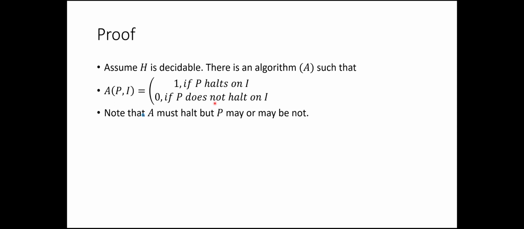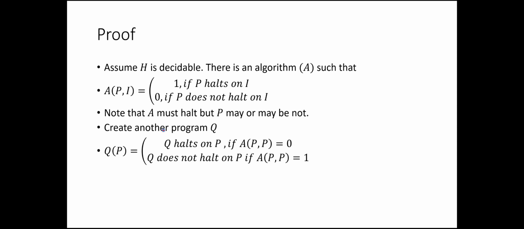Note that A must always halt, because we assume it is decidable, no matter whether it determines that P halts on I or P does not halt on I. But P may or may not halt. Make sure you understand this. Based on A, we can create another program, or algorithm, called Q. Q accepts only one argument, versus A accepting a program and an input.